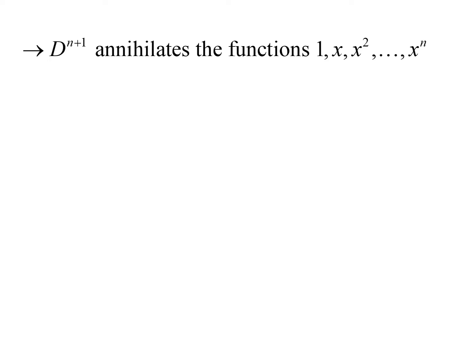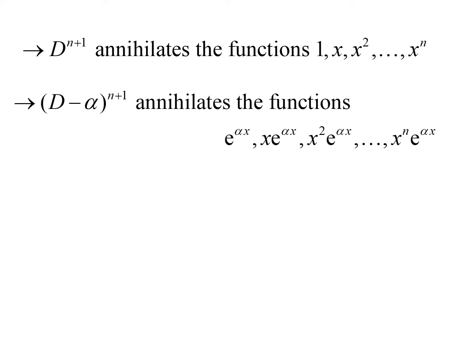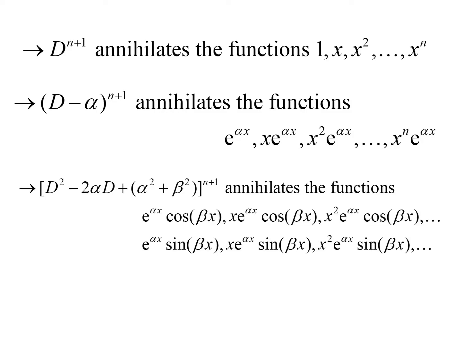Now, if we have a function that involves a polynomial and an exponential, then the annihilator takes the form D minus alpha raised to the n plus 1, where alpha is the coefficient inside the exponential, and n is the degree of the polynomial. The final form that we could look at would be a polynomial times an exponential times a trig function.